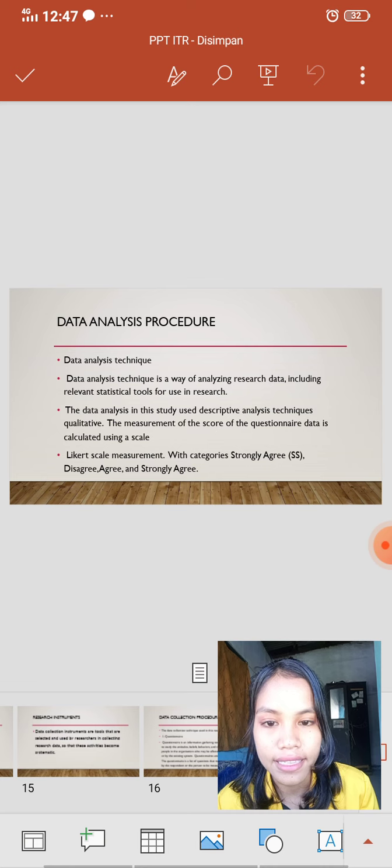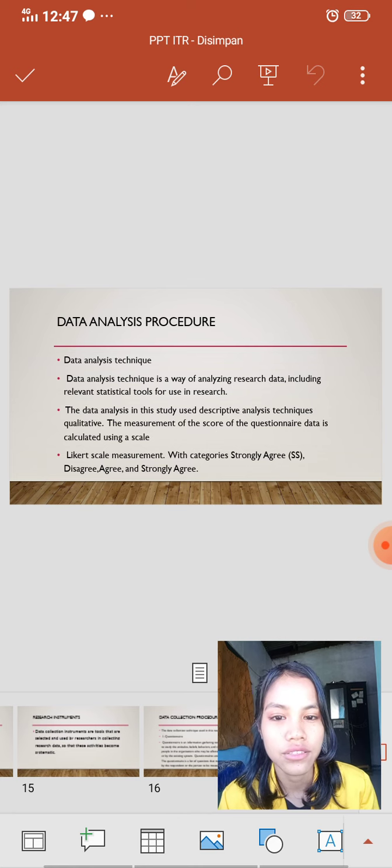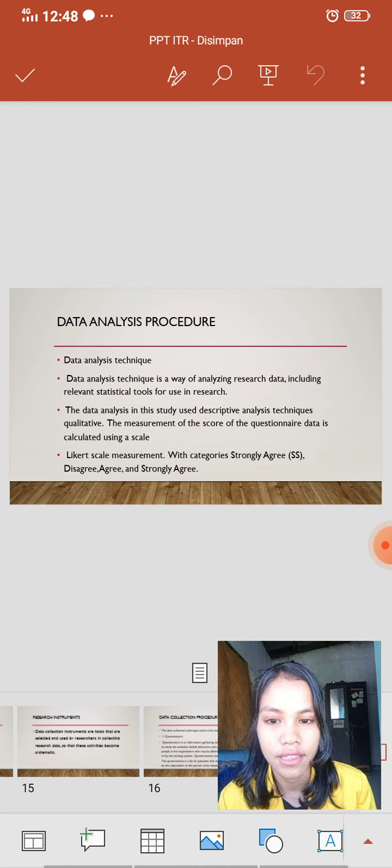The data analysis in the study used descriptive qualitative analysis techniques. The measurement of the score of the questionnaire data is calculated using a Likert scale measurement with categories: strongly disagree, disagree, agree, and strongly agree.